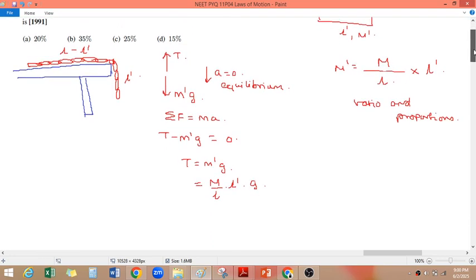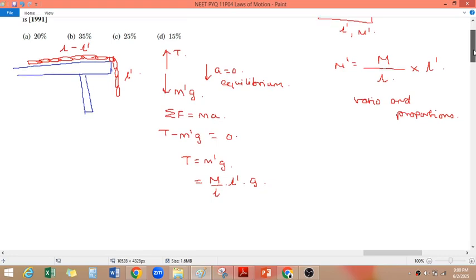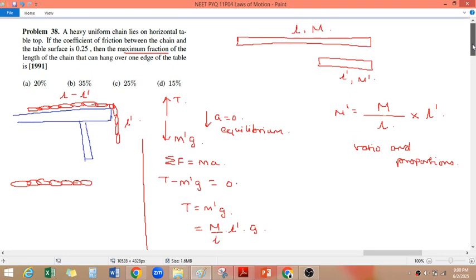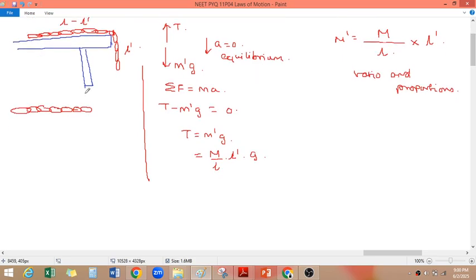Now coming to the horizontal part. This is the vertical part. The horizontal part, you can imagine that the chain is like this. We said there is some friction acting. Friction coefficient is 0.25. This tension, here is T, is what is pulling it downwards.